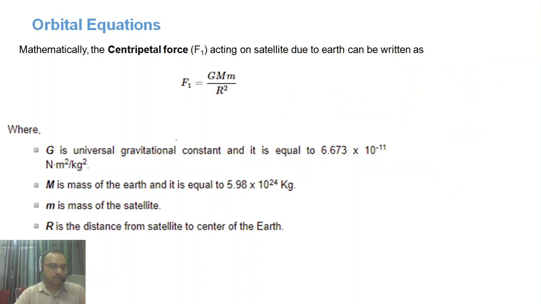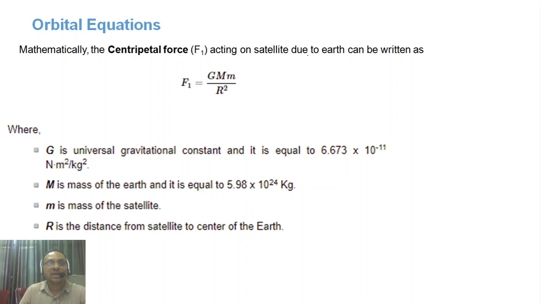Now the orbit equation, this is very important. Okay. In this section, let us discuss about the equations which are related to orbit motion. Okay. Force acting on satellite. Now first we discuss about the force which are applied on the satellite.